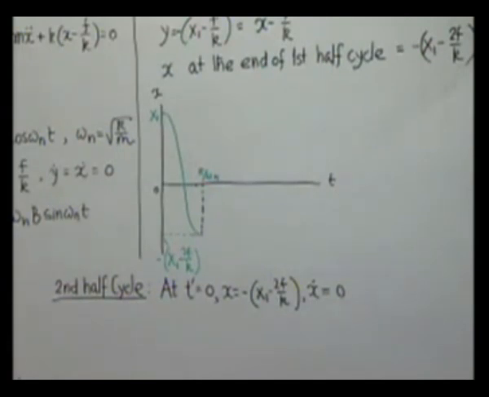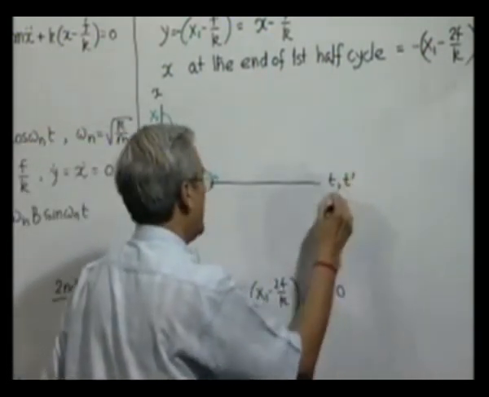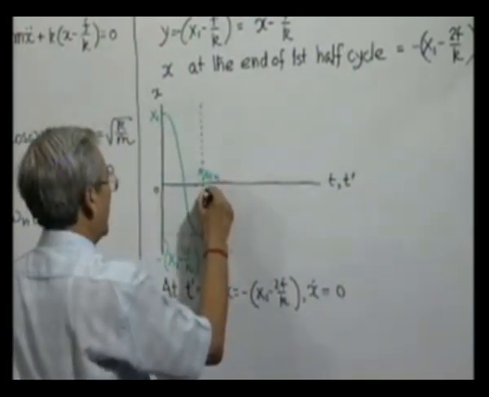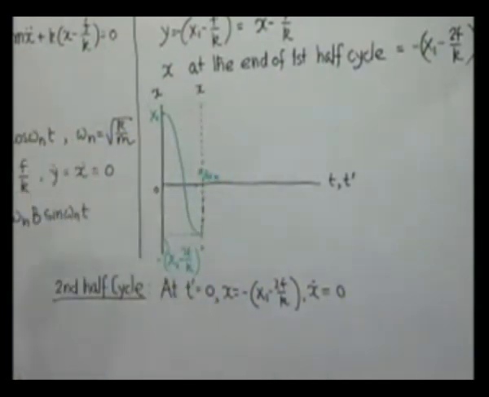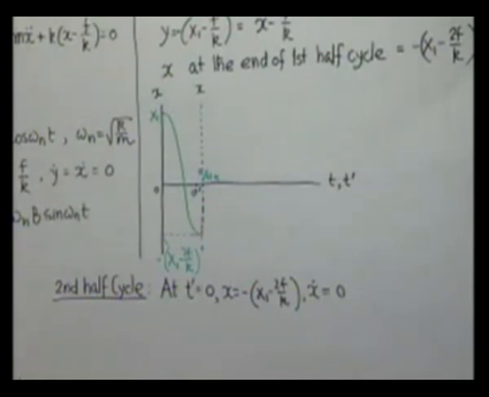So we are measuring now with a different time coordinate t2 prime, and this is the x-axis, and this is the new origin of the time scale.